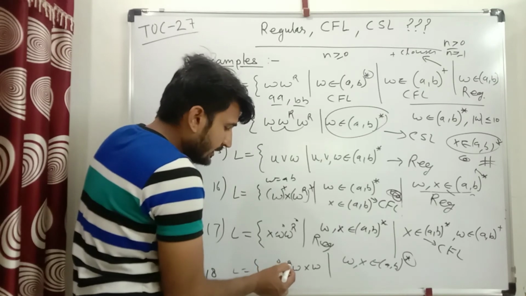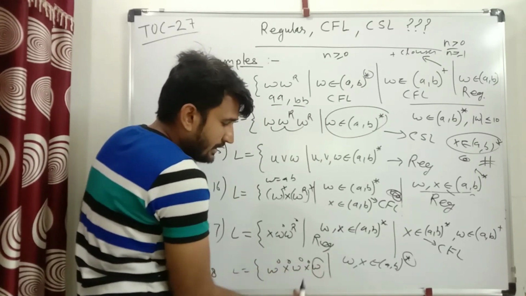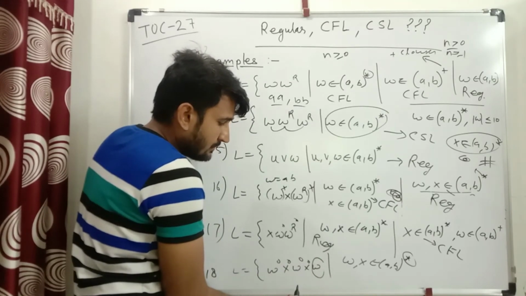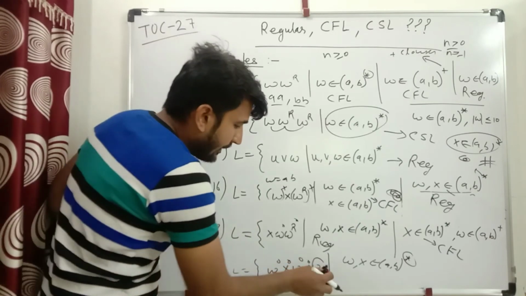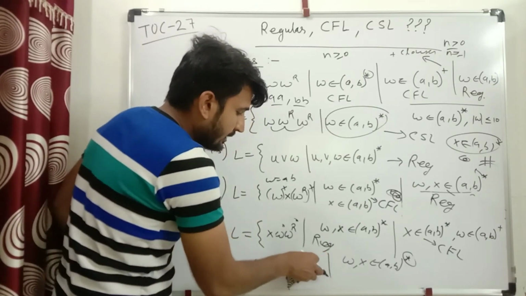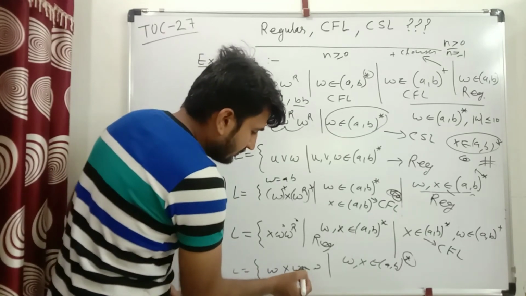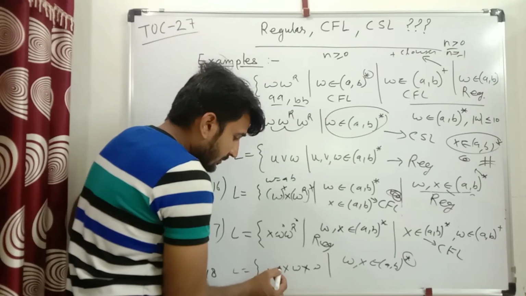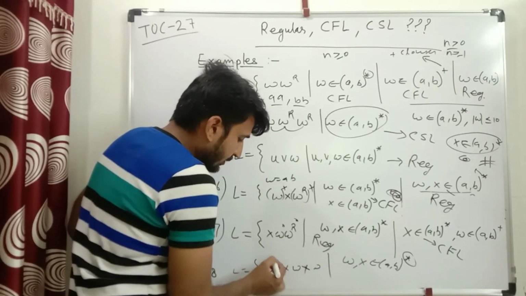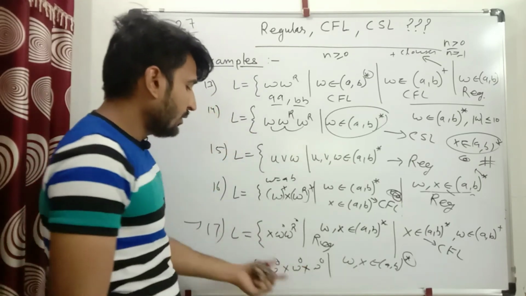We put W as 0, and we can't put the whole thing as 0.